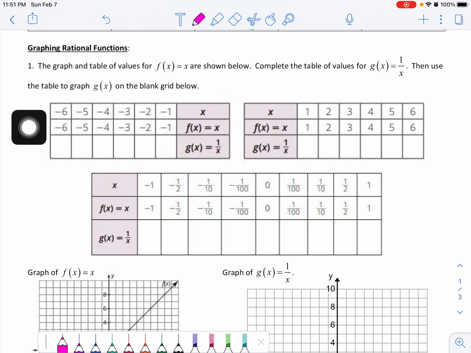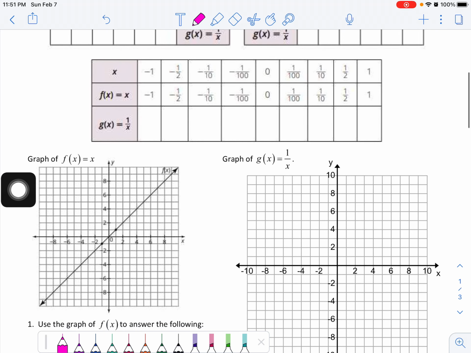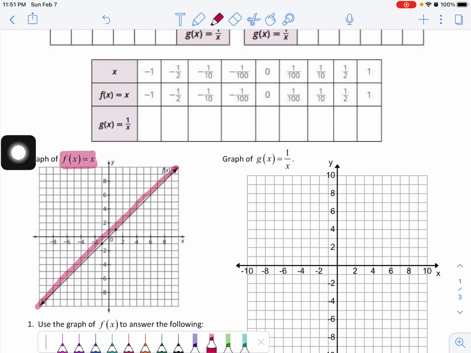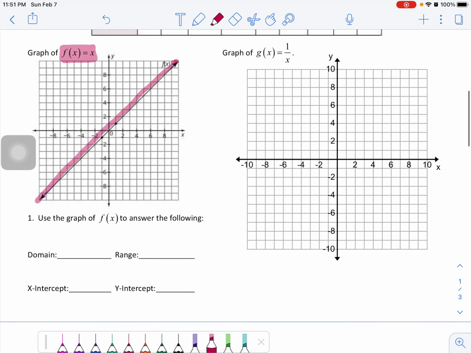So you'll notice these top numbers and bottom numbers match the whole way through. Same thing over here and same thing over here. And what your graph looks like is this, actually let me highlight it. This linear graph right here is f of x equals x. Okay. So that's the straightforward. You guys have worked with linear functions before.